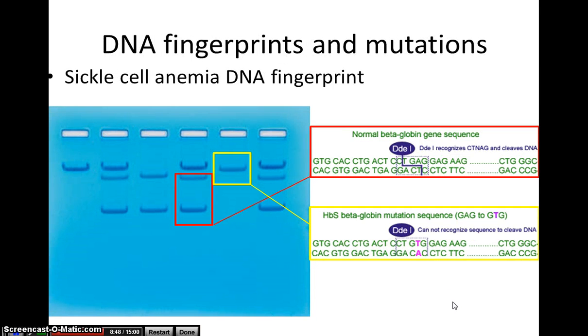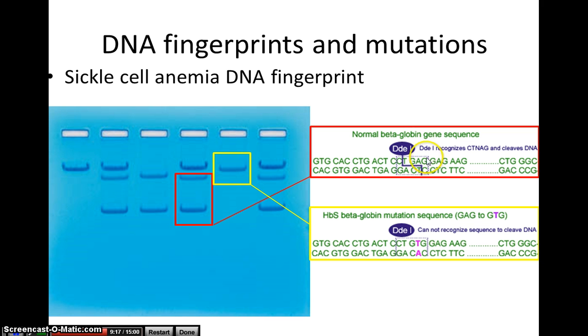So an example of how this DNA fingerprint is used to help identify mutations is to look at sickle cell anemia. In sickle cell anemia, it so turns out that the site at which there is a mutation, and if you recall, this was a point mutation, coincides with the restriction site of an enzyme. So one of those restriction enzymes. So this is beta globin, which is the gene that is affected in sickle cell anemia.